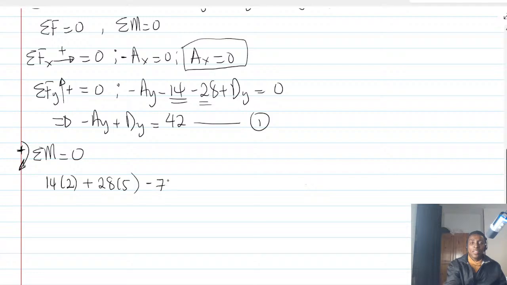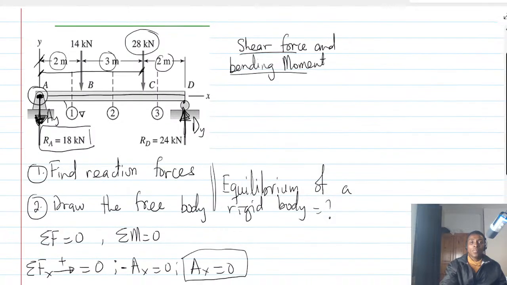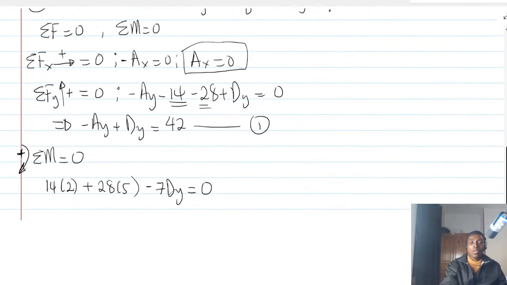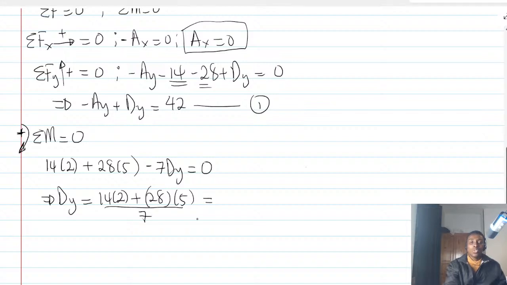Minus 7 dy is 0. Therefore dy will be 14 multiplied by 2 plus 28 multiplied by 5, divided by 7. Someone should calculate dy for us.